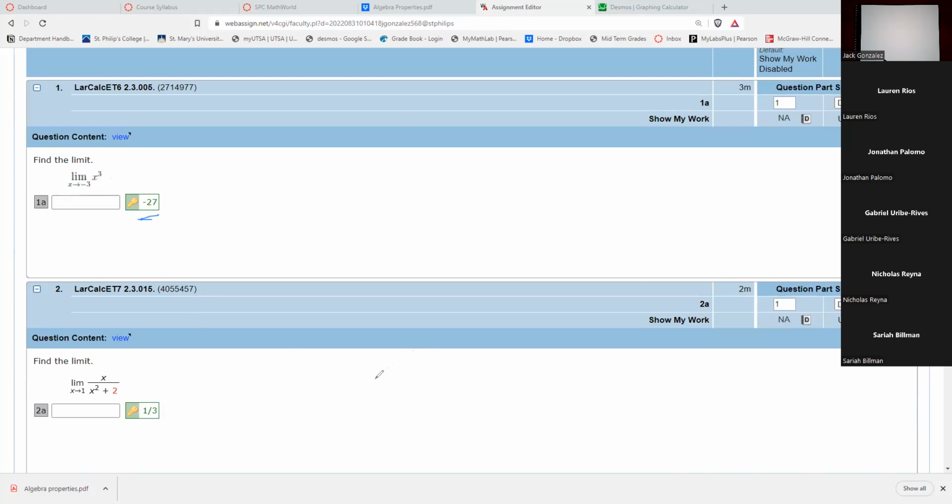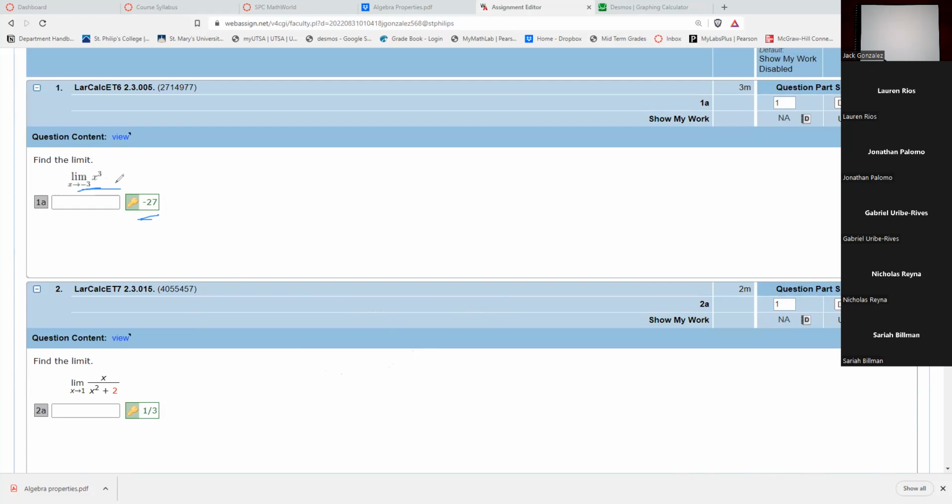The fact that I plugged it in and nothing bad happened, no undefined, no error, means the limit exists right there. If you were to graph it, you would just go with this location and you would get this y value. So you could visualize it with a graph. You can just plug it in analytically and see what happens.